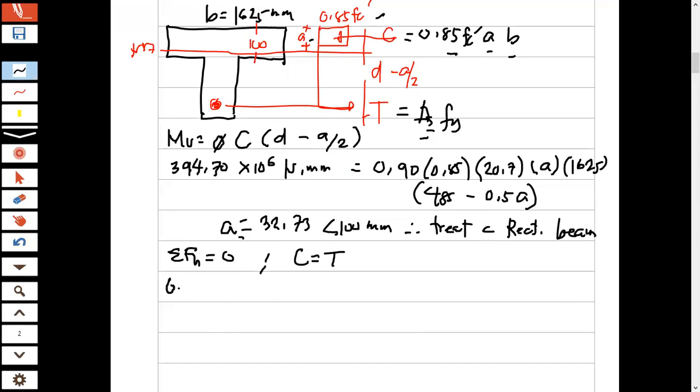So this is 0.85 times f'c of 20.7, times a computed to be 32.73, times b of 1625, equal to As times fy, which is given to be 413.7. We don't need to write the units because all our units are in Newton and millimeter.